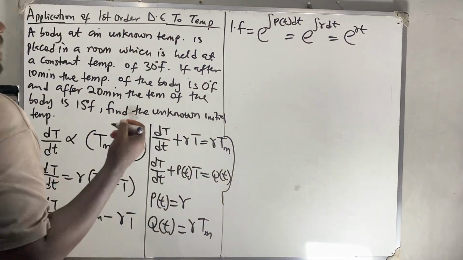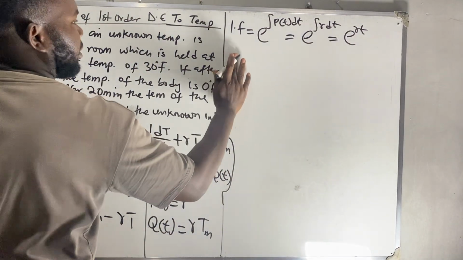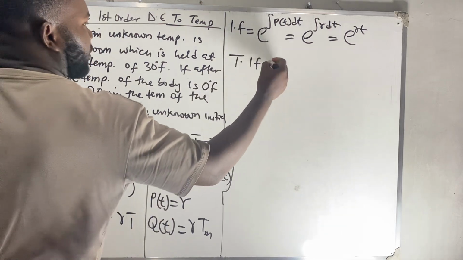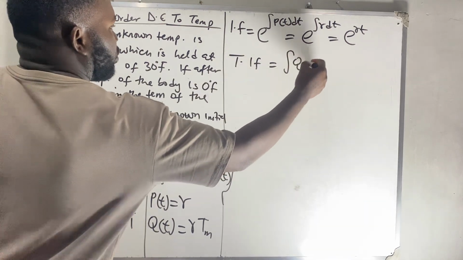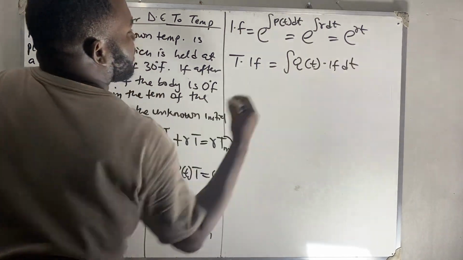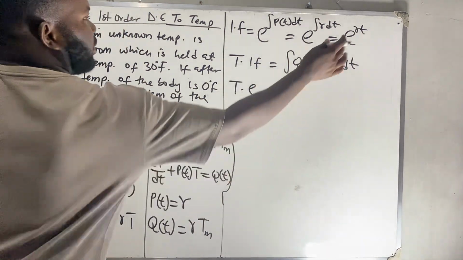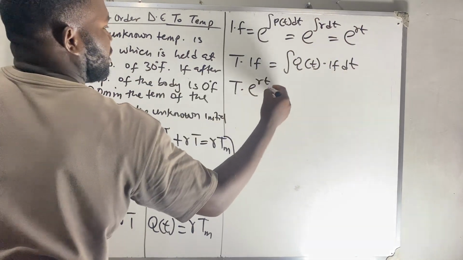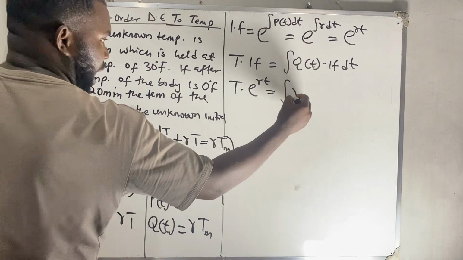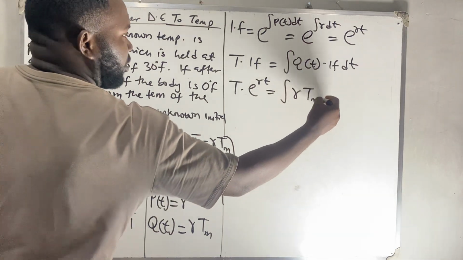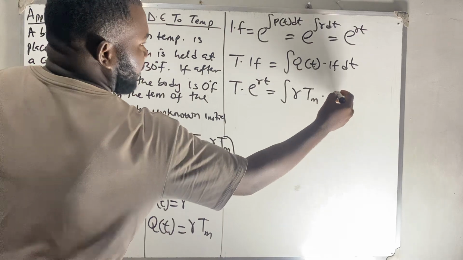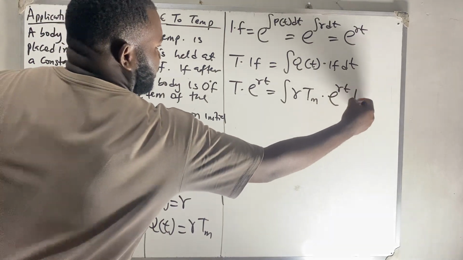Okay, so now my answer will be T times integrating factor is equal to the integral of q of t times integrating factor dt. So I'm having that T times exponential rt is equal to the integral of rTm, then multiplied by my integrating factor, exponential rt dt.